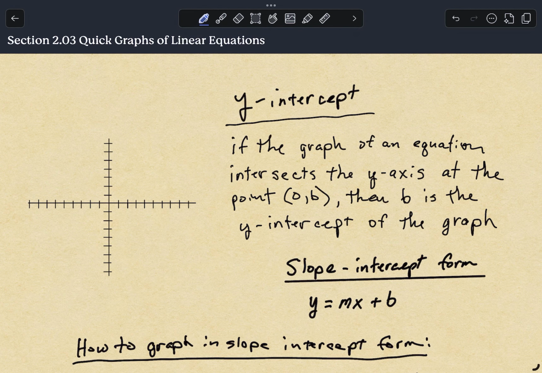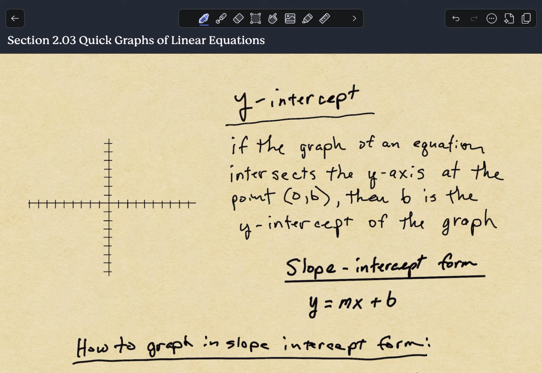And today we're going to be studying part of 2.03, Quick Graphs of Linear Equations. A lot of people graph with a very easy way of doing it, which uses the y-intercept.